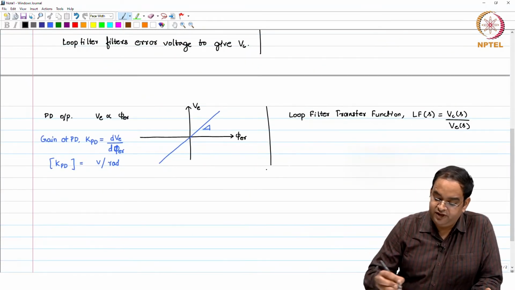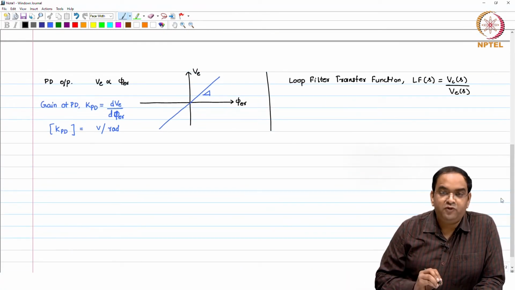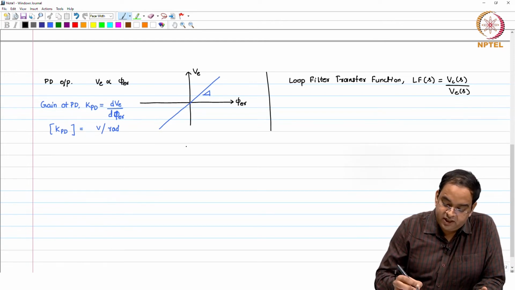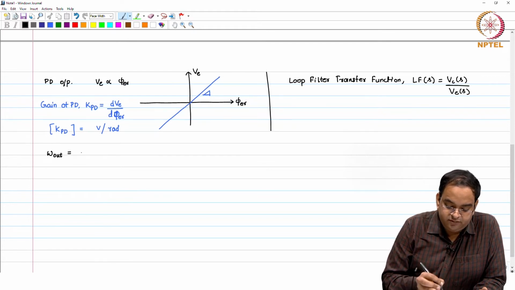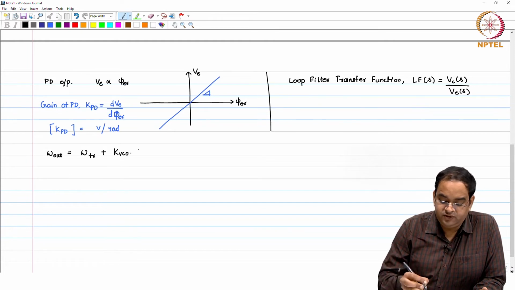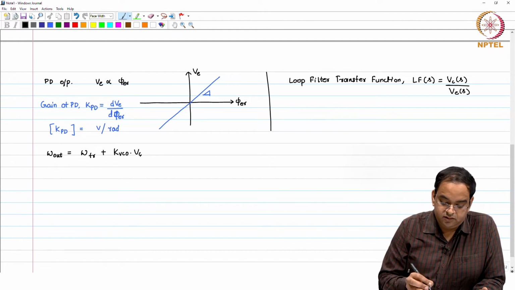Now, you have the VCO. As I told, the VCO output frequency is proportional to the control voltage. In general, your omega out frequency has two terms: omega free, the free running frequency, plus K_VCO times V_control.